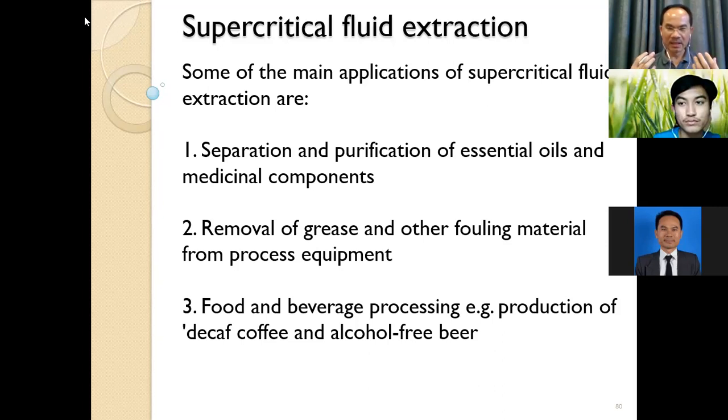Fouling means chemicals precipitating in the pipe, and this can obstruct the flow. We can use a high temperature and high pressure fluid, such as supercritical fluid, to remove this fouling.